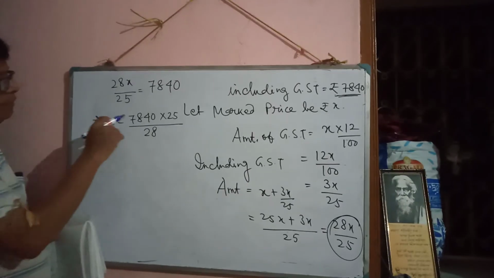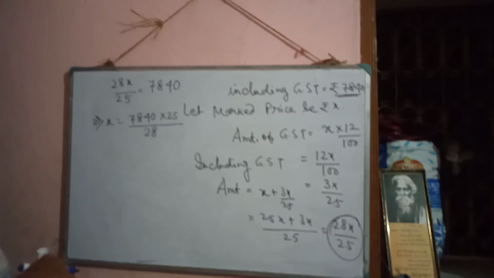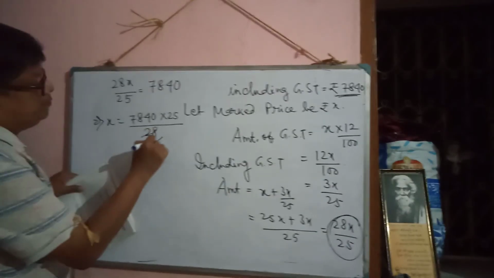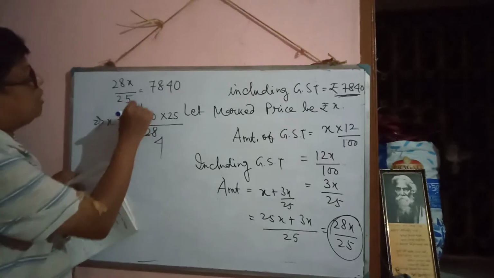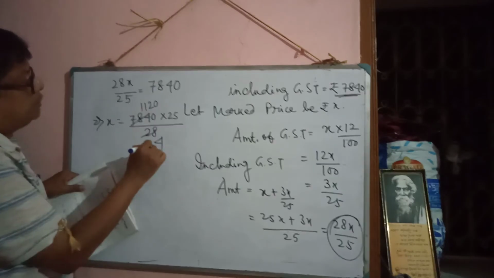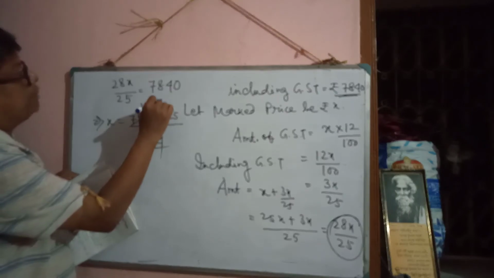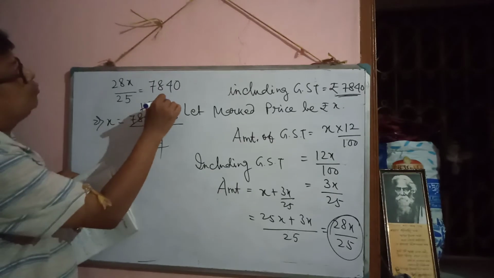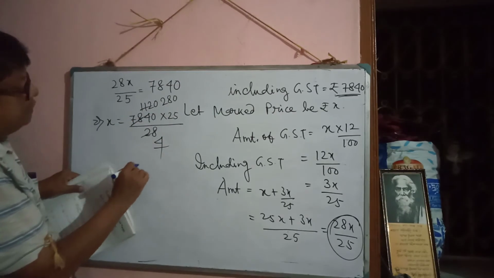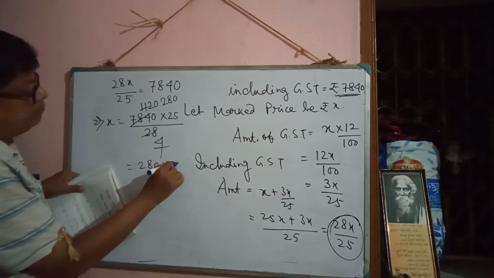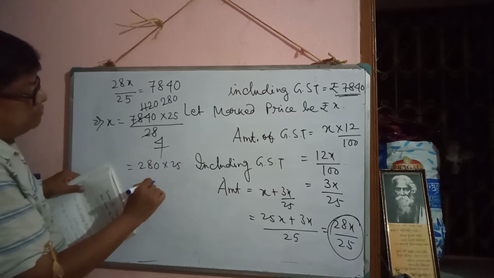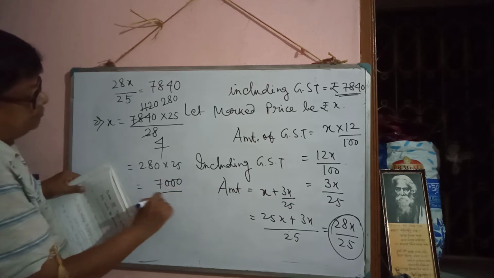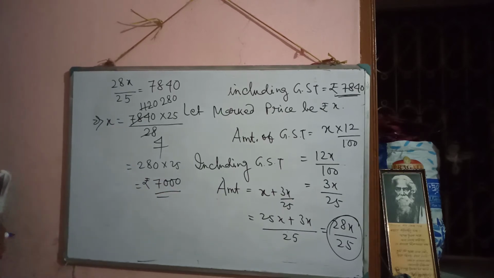Okay, so it will be 280 into 25. 280 into 25 will be 7,000.